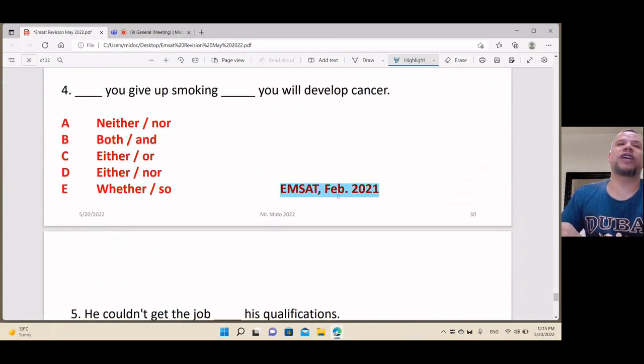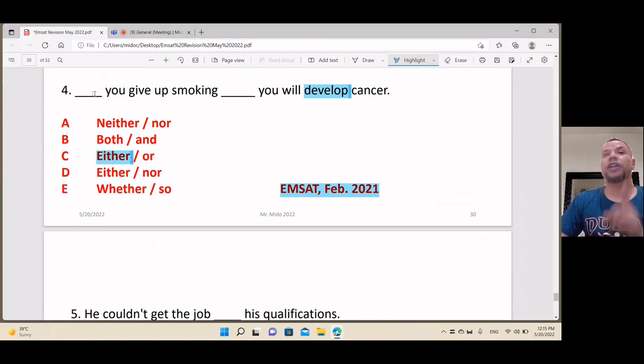EmSAT February 2021. Space, you give up smoking. Space, you will develop cancer. Develop cancer, help cancer to increase. So you give up smoking. Okay, so which one is better?